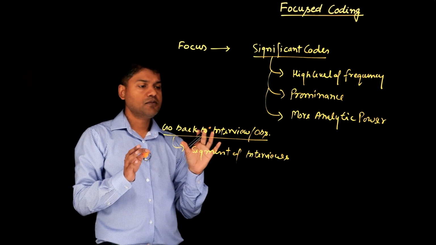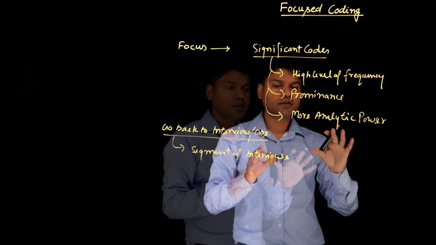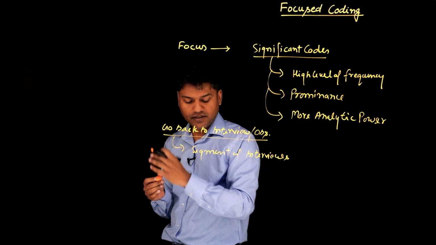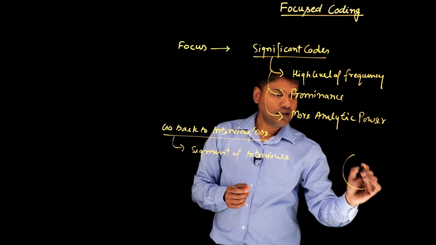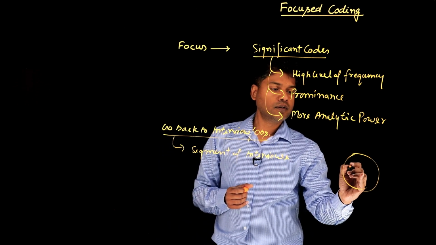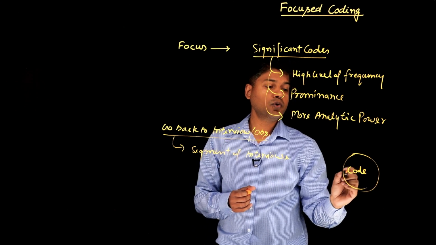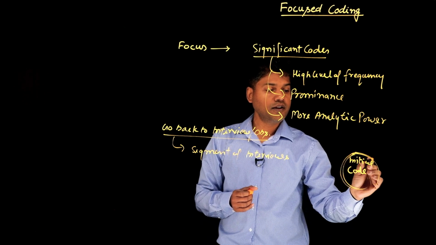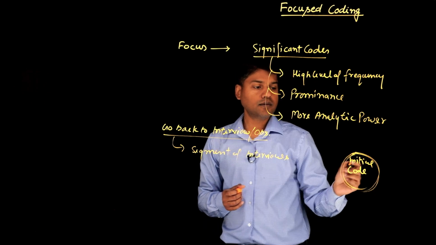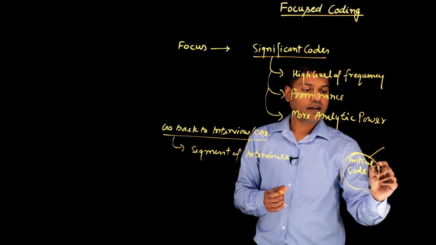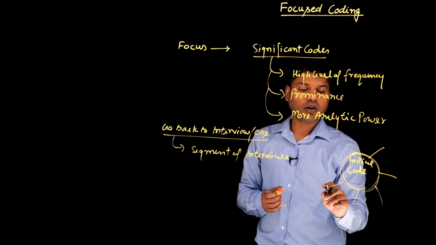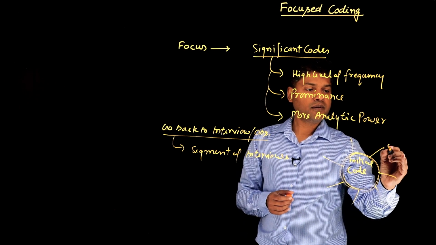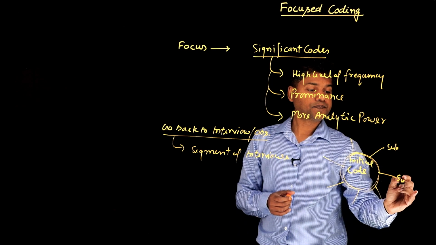You try to recode those segments in their entirety, holistically, and with all their complexity. So if this is the initial code that you want to focus on, you go back to the excerpts of the data and look at them across all participants, and maybe you could find some sub-themes within that code.